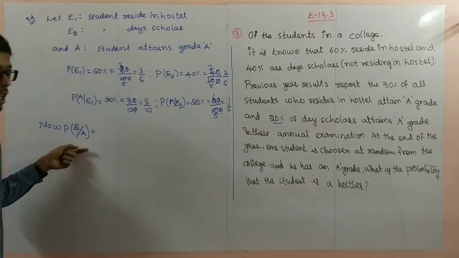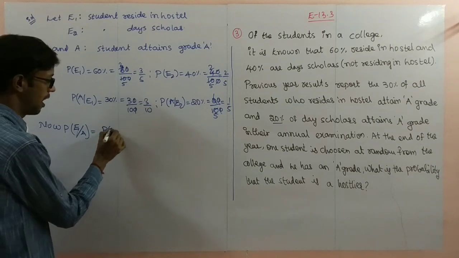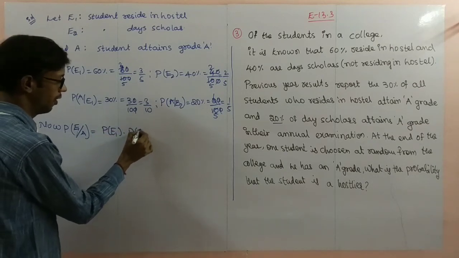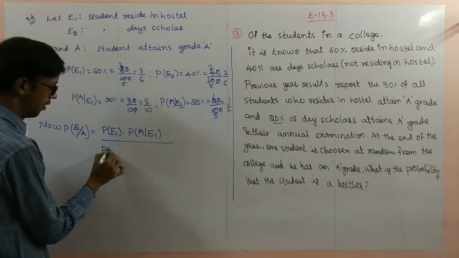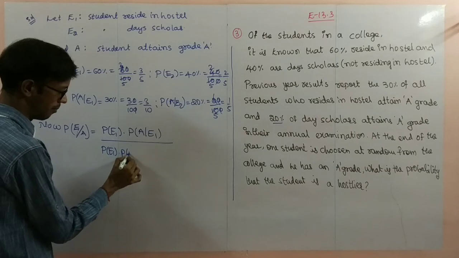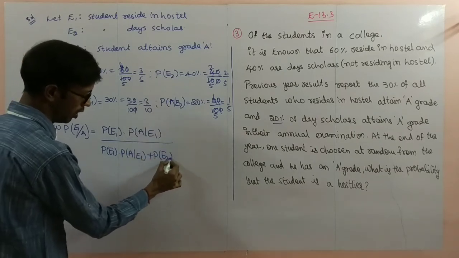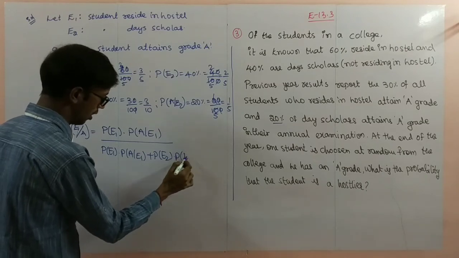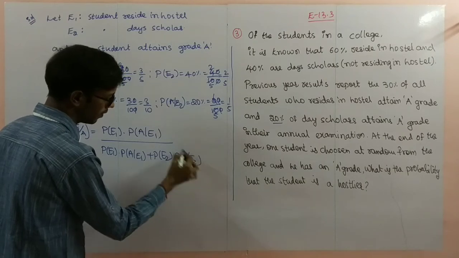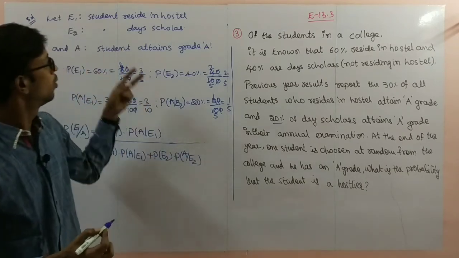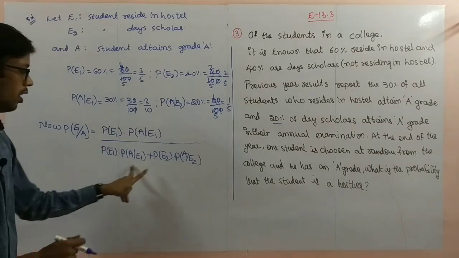So this probability by using Bayes theorem is P of E1 into P of A by E1 divided by P of E1 into P of A by E1 plus P of E2 into P of A by E2. Here only two main events are there, so we take only two terms.